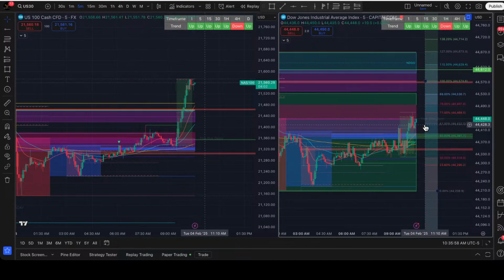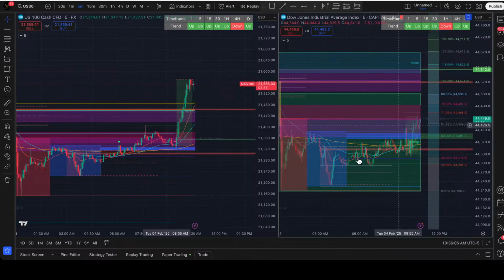So as long as we don't get a bullish confirmation, this might be an interesting one because we're sitting right in the golden zone. We have a downside expansion model. And even though we've broken the manipulation range twice to the upside, looks like it's stuck here, right at the purple zone.